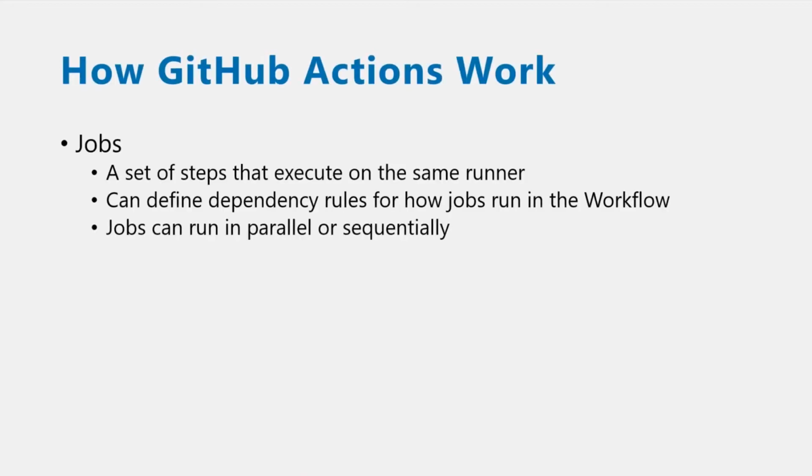So you have your workflow, and then in your workflow, you have jobs. This is basically a set of steps that will execute on the same runner. Jobs can define dependency rules and how they run in the workflow, and you can run them either in parallel or sequentially. It depends.